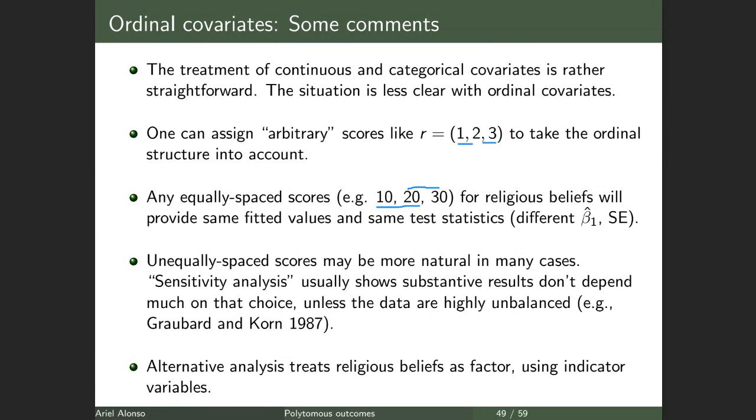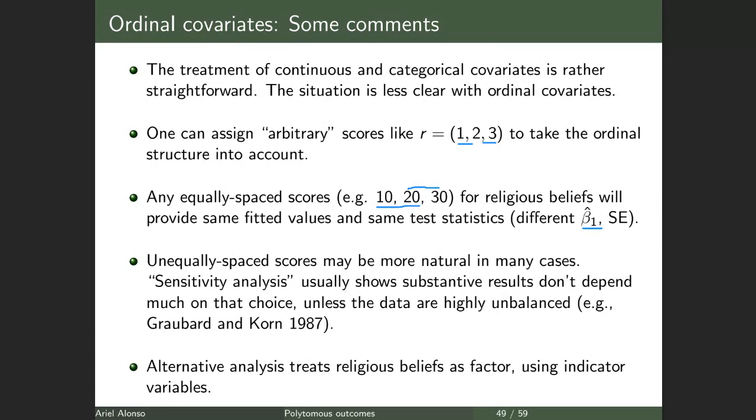So if you use equally spaced scores for religious belief, irrespective of which specific scores you use, they will all provide the same fitted values and the same test statistic for the fit of religious belief. So if you're using equally spaced scores, it doesn't matter which scores you're using. You're going to get the same model fit and the same results for your test.